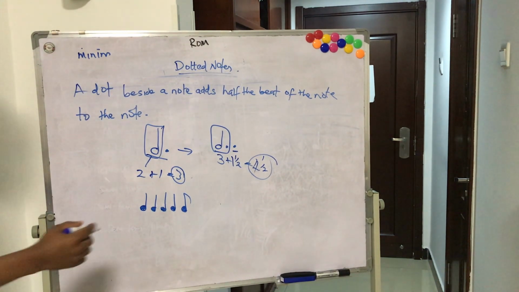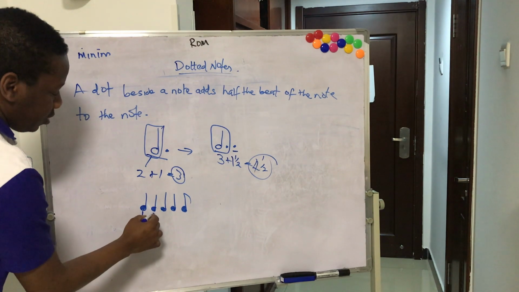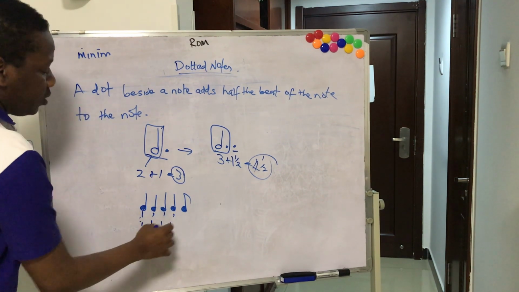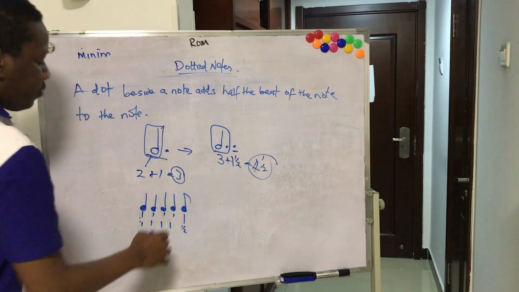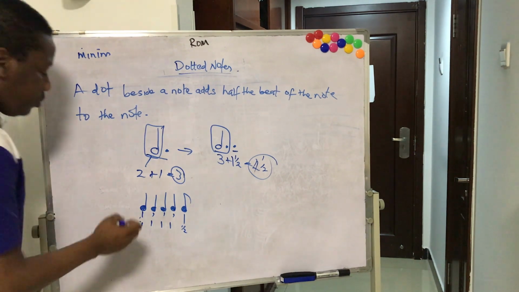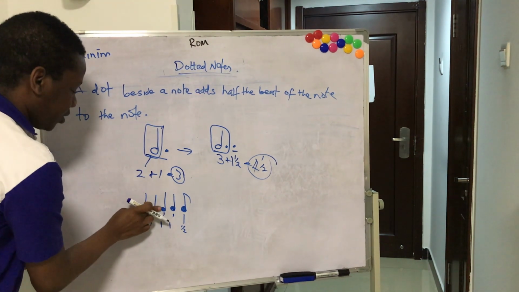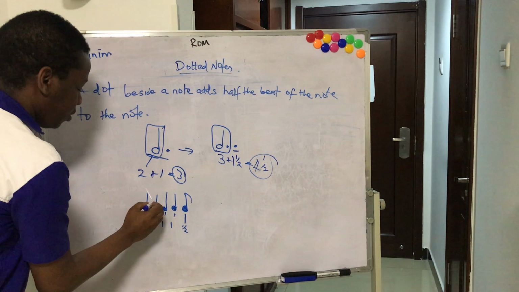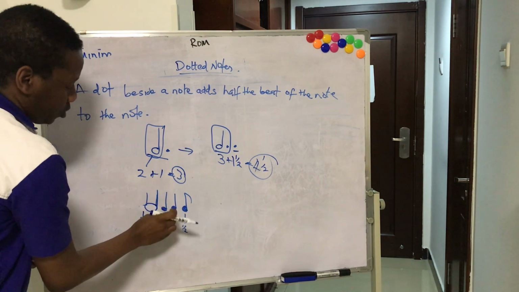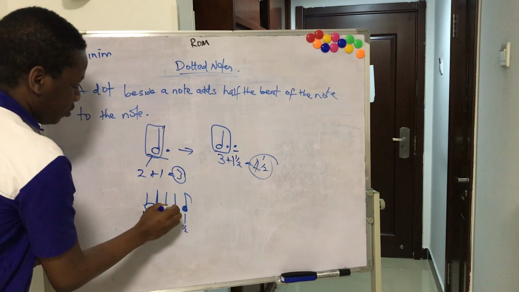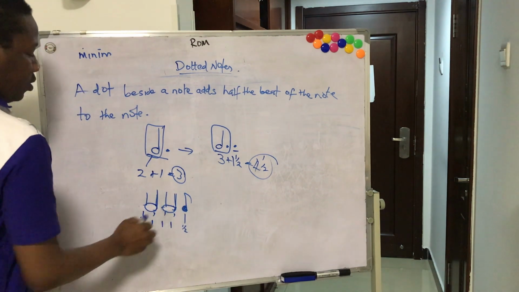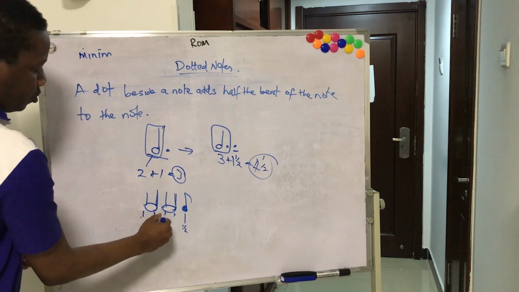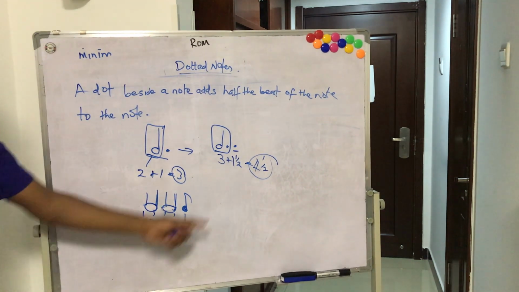This is 1, 1, 1, 1 and this is half. Or I squash these together and make it 2, then 2, then half. So it's the same thing.